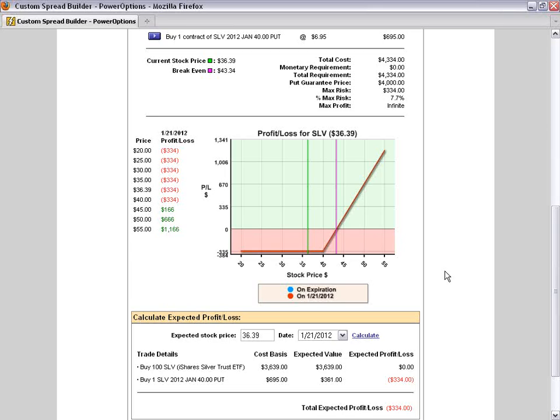Okay, if you just had a long put in your account and you kept it to expiration, it was in the money and you didn't have shares of stock, on Monday, you would now have 100 short shares of stock at the put strike price. Okay, because when you buy a long put, you're expecting the stock to drop. It's essentially an obligation to sell your shares of stock at that price. So if you don't own stock, your broker would assume you wanted to short stock, in this case, at $40 per share.